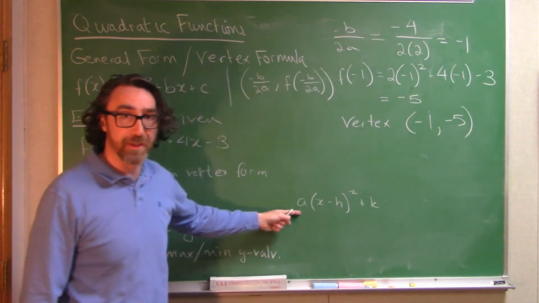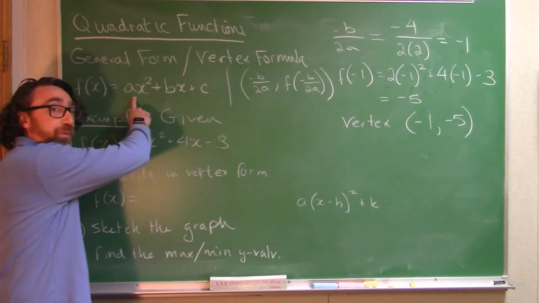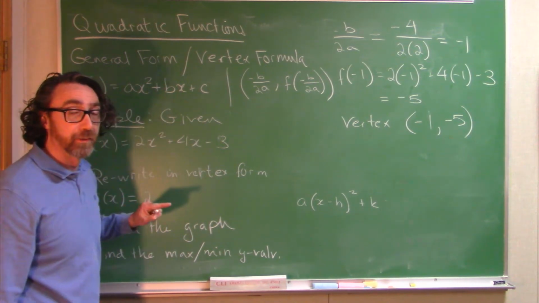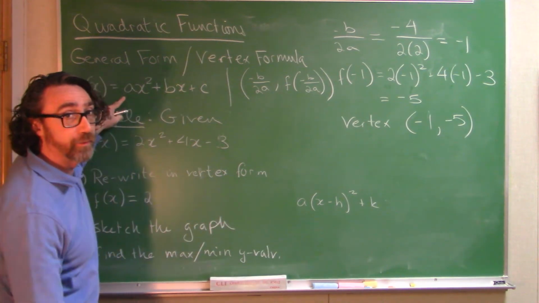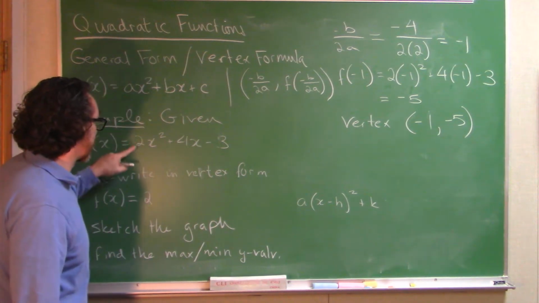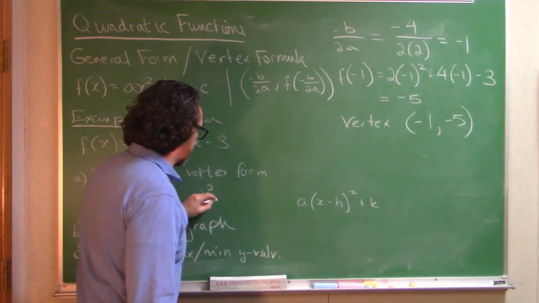Notice we use the same letter there. If you have a multiplier there, you're going to need that same multiplier. We're using the same letter in the same context of quadratic functions. It's got to stand for the same value. So if my a is 2, then my multiplier out front is going to be 2.